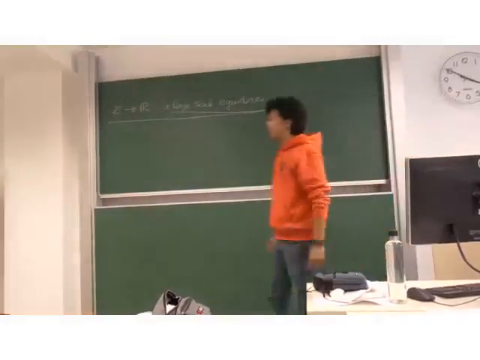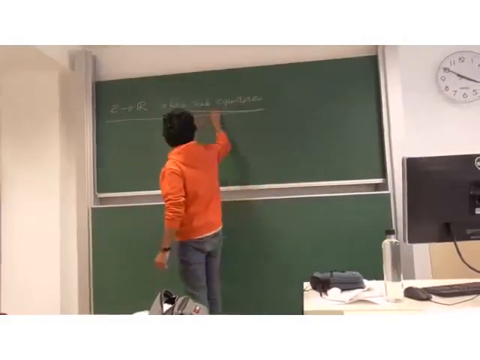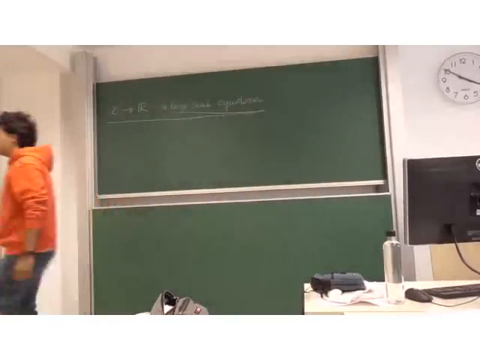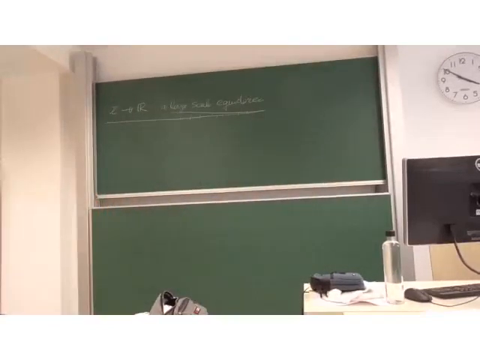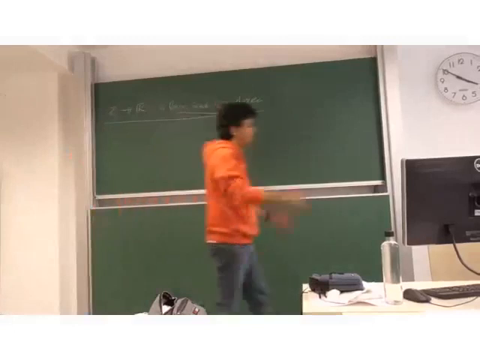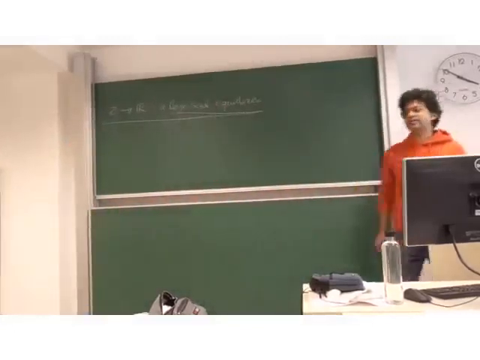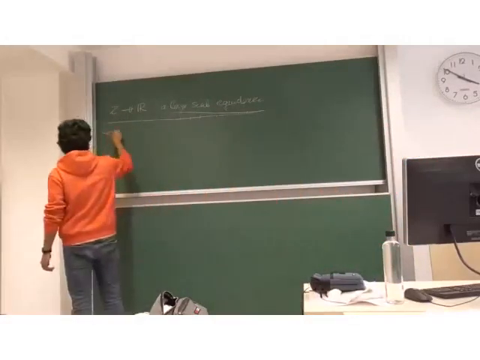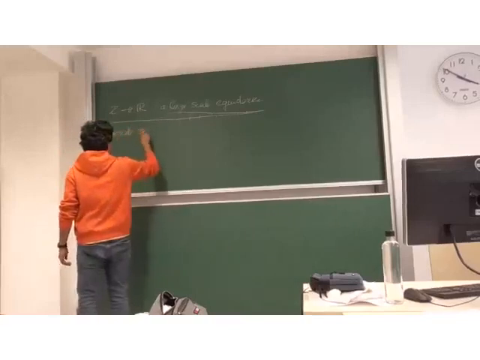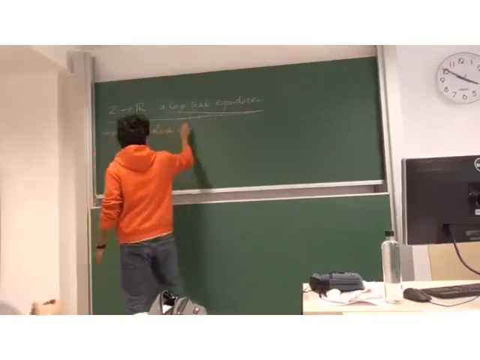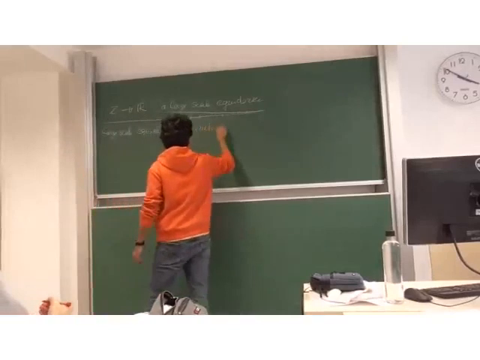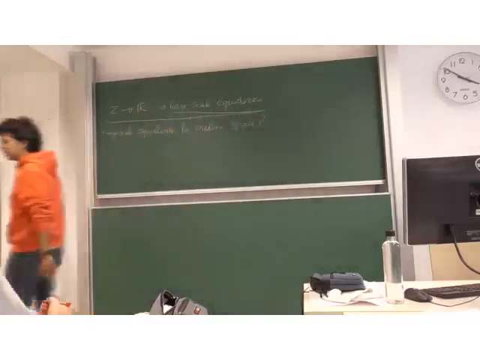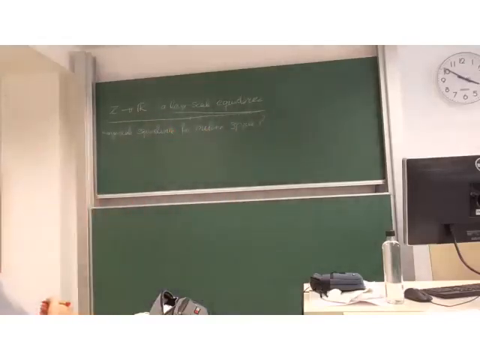But first we need to say what a large scale equivalence is. Right now we are thinking only in terms of metric spaces, so let's continue to think in terms of metric spaces, and focus on saying what large scale equivalence is for metric spaces. What does a metric space have?